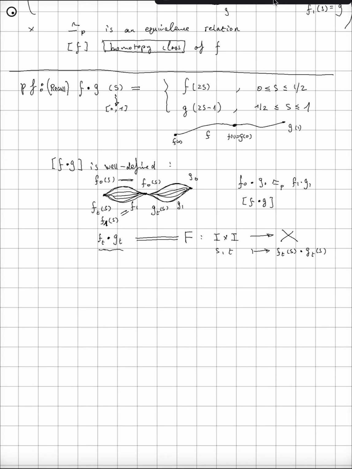And which means that F_s0 is F_0(s) concatenation with G_0(s), which is here.